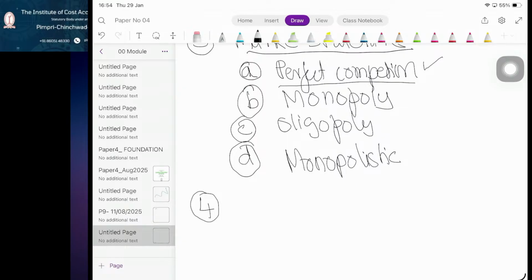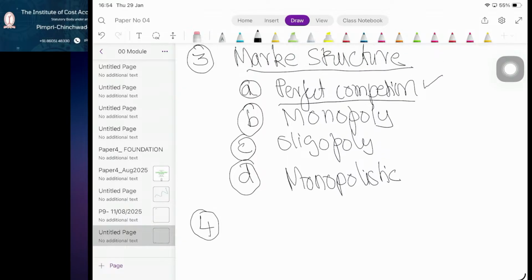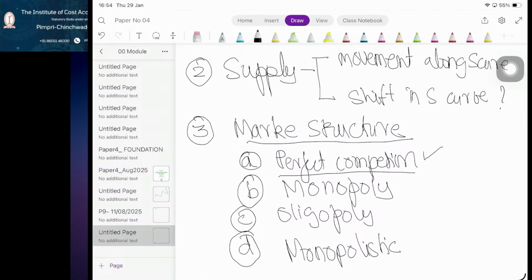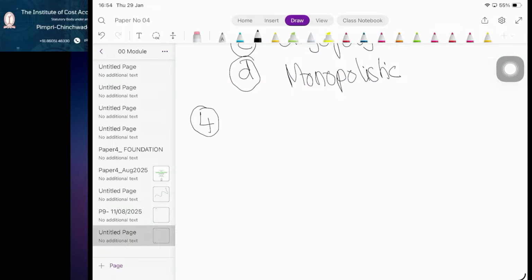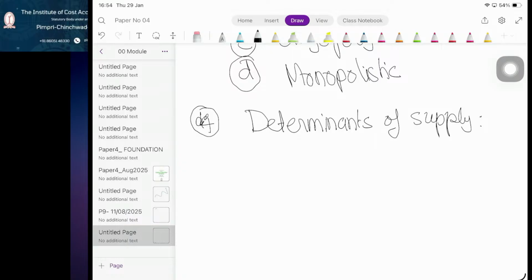That is what we have seen so far, and now I will try to complete in today's lecture shifts in the supply curve. Let us write down determinants of supply. First we have written down is price.